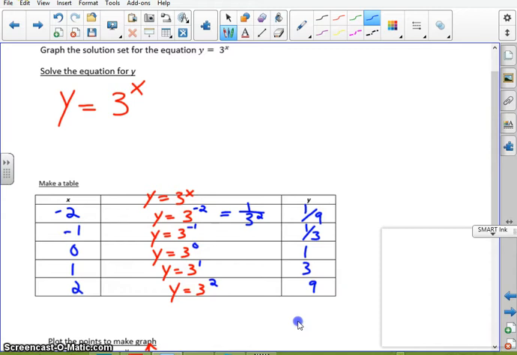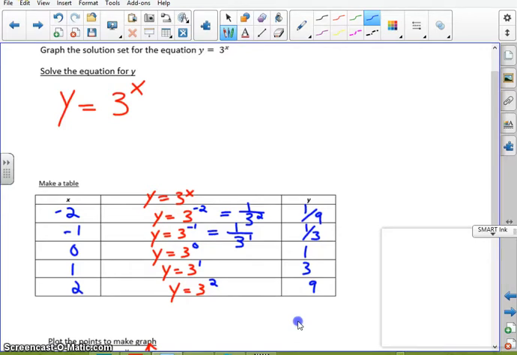The next one, when x is -1, I plug in -1 for x, so I'm going to have 1 over 3 to the power of 1. 3 to the power of 1 is just 3, so my y value is 1/3. I plug in 0 for x, y equals 3 to the power of 0.